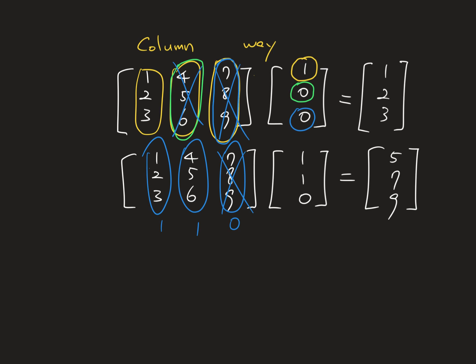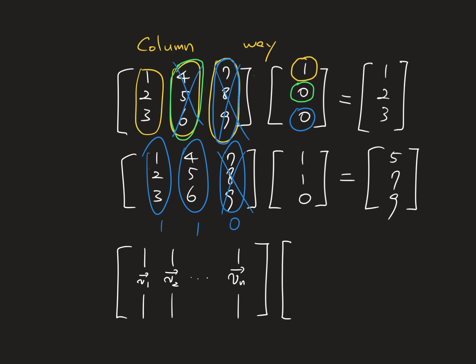So in general, if V1 is a column, with a vertical bar, it's just a column vector. Okay, and this is column V2. Maybe in general we can think of n columns. So we have a matrix that has n columns, and the vector consists of x1, x2, and so on, xn.